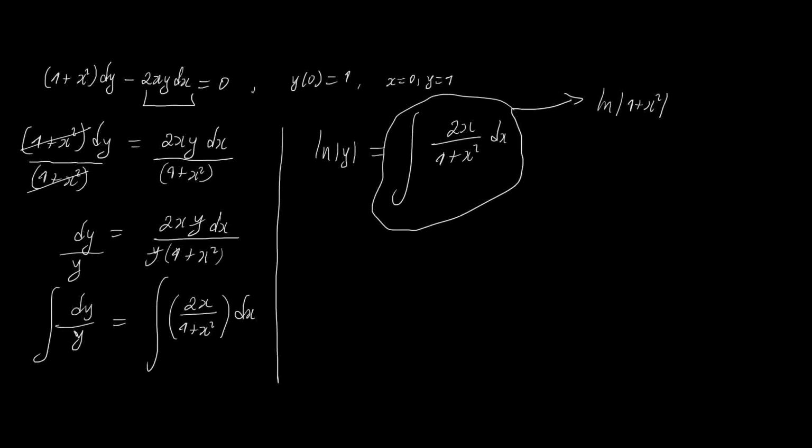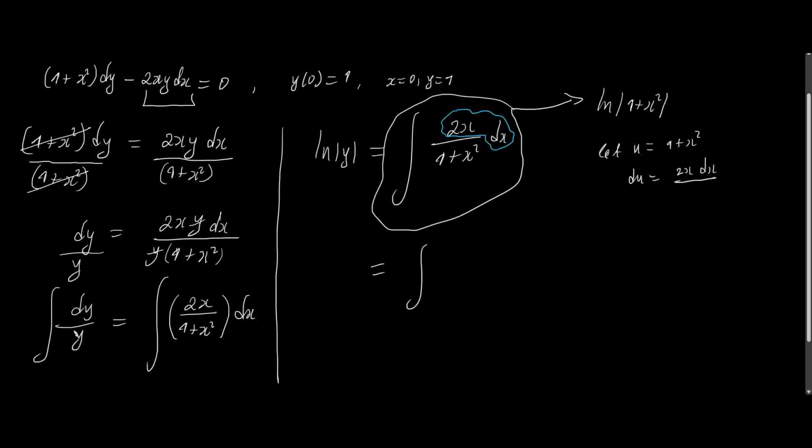If you notice, we can use integration by substitution. If we let u be equal to 1 plus x squared, then du should be equal to 2x dx. You notice that 2x dx is what is on our numerator here. So this numerator, we represent as du. This means we have the integral of du over u, since 1 plus x squared is our u.